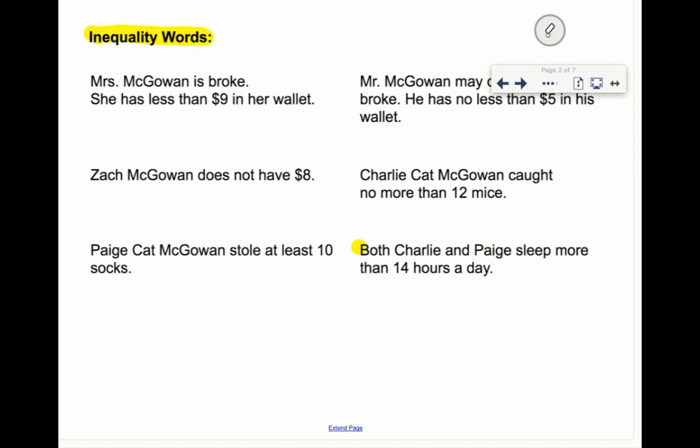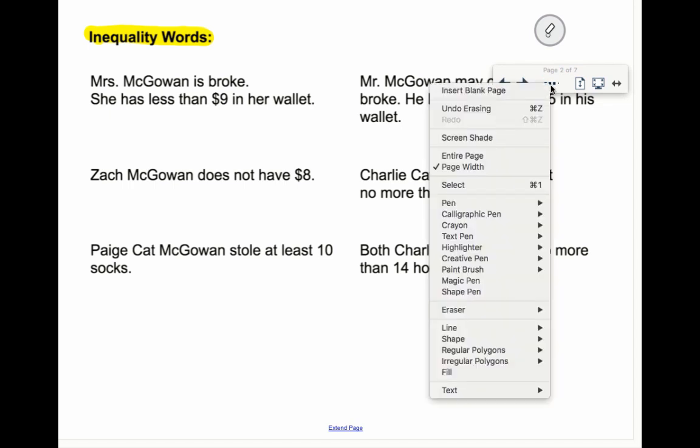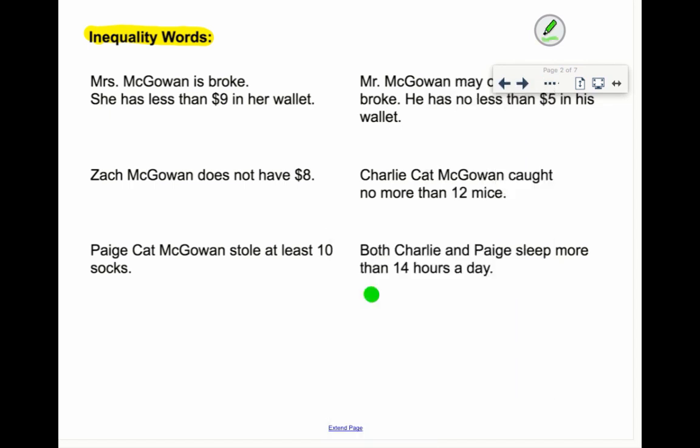That's what we have here to review. If we look at the first one, it says Mrs. McGowan is broke. She has less than $9 in her wallet. So what does less than $9 mean? If I had to write that into an inequality, let's say X for the money. We'd say X is less than 9.